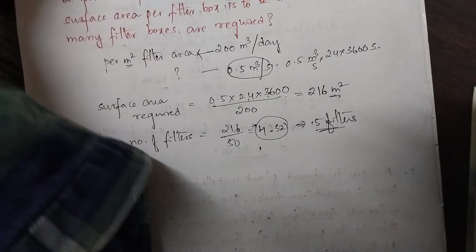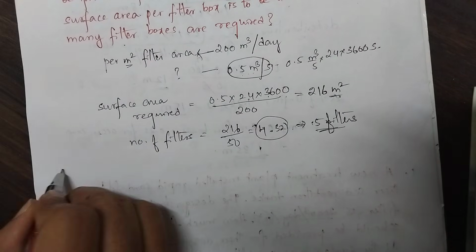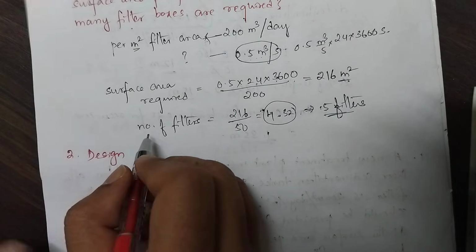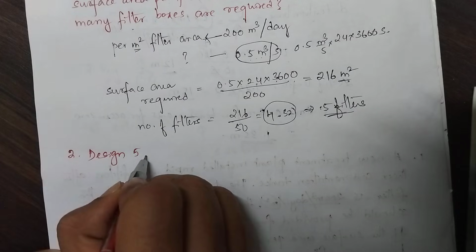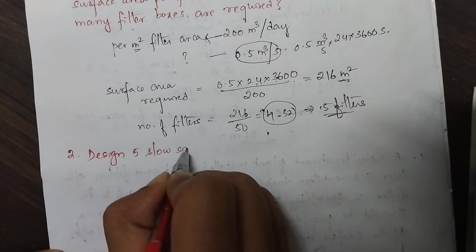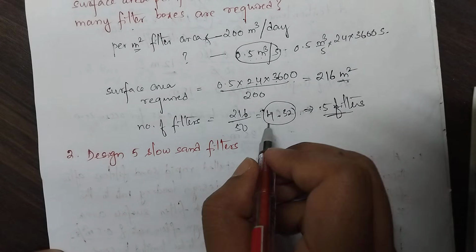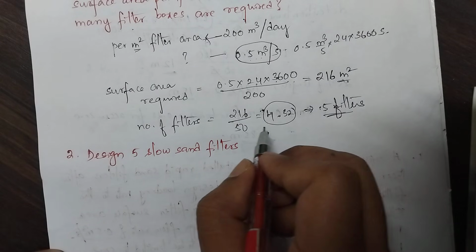The next question: design 5 slow sand filters from following data.